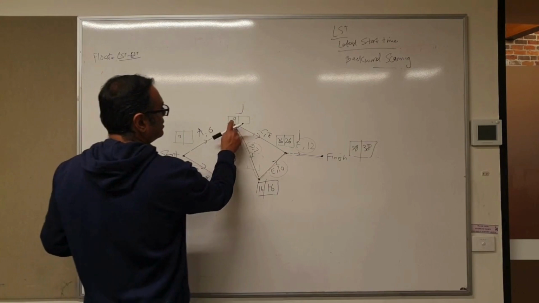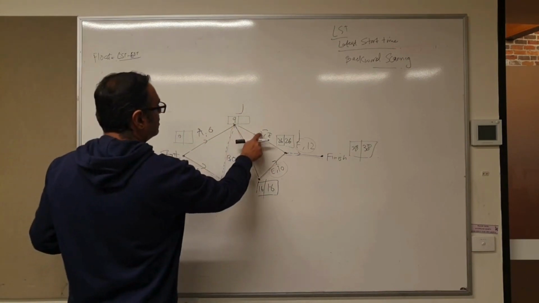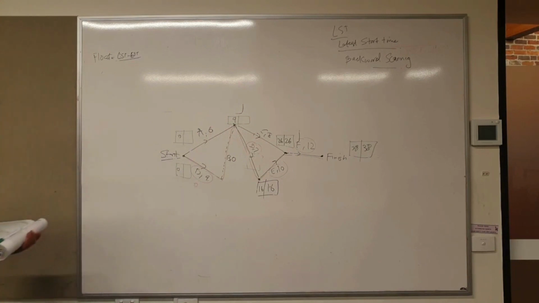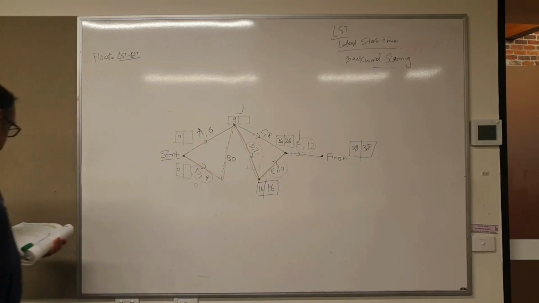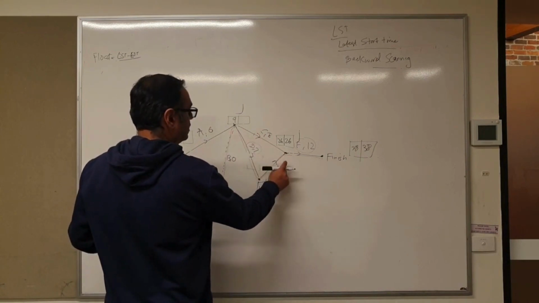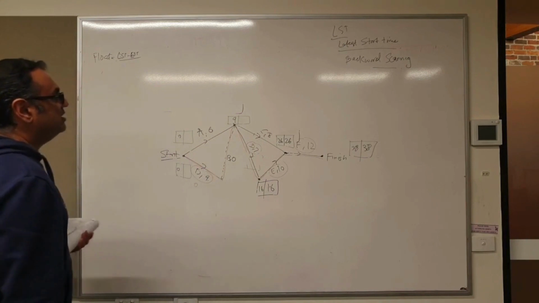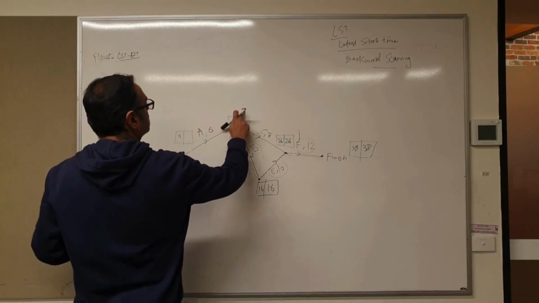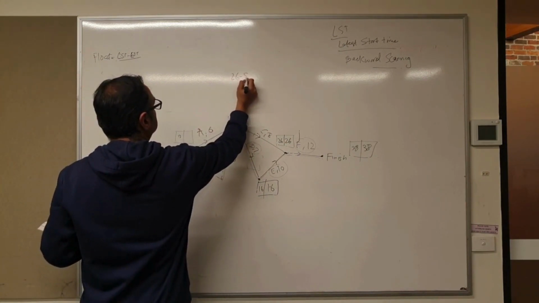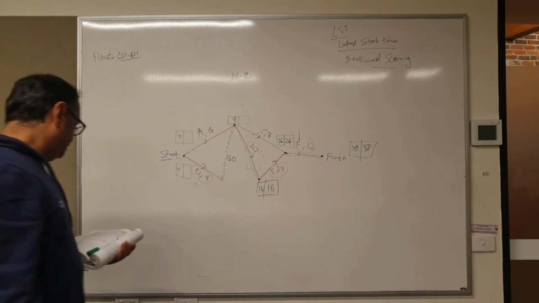Let's look at this box here, which is the box for maybe C and D combined. From 26, if I take away 8, how much is that? 26 minus 8 is 18.